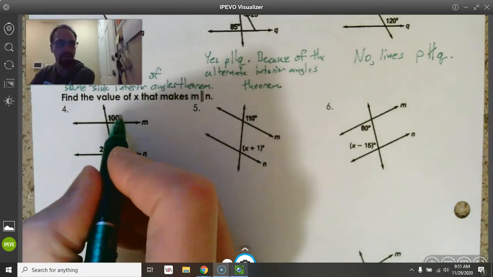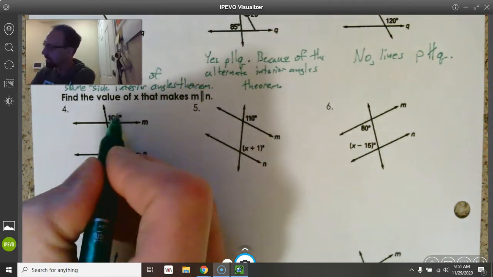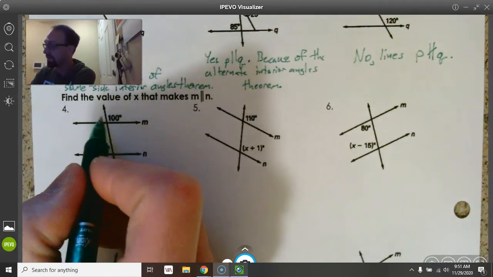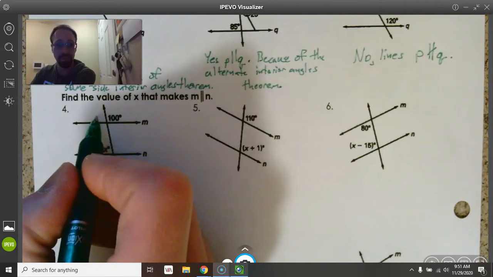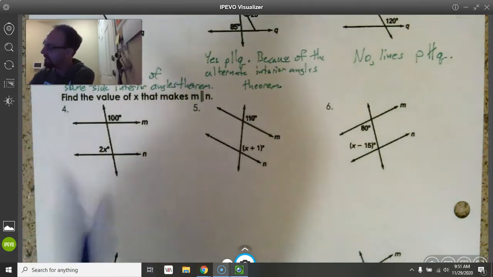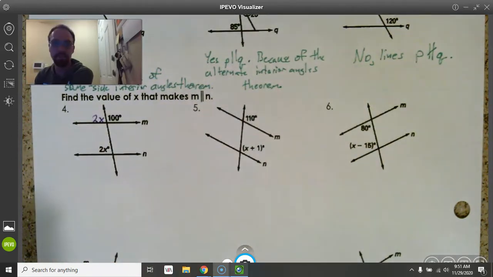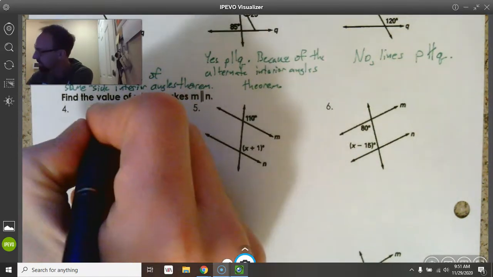For this one, there is no relationship between this angle and this angle directly. This angle, 100 degrees, has a relationship with this angle here, and this angle here is corresponding to this one. So I know that this angle here also has to be 2 times x degrees.